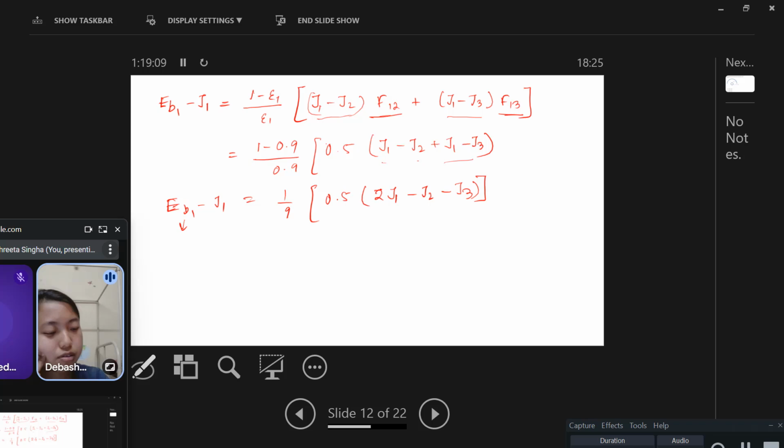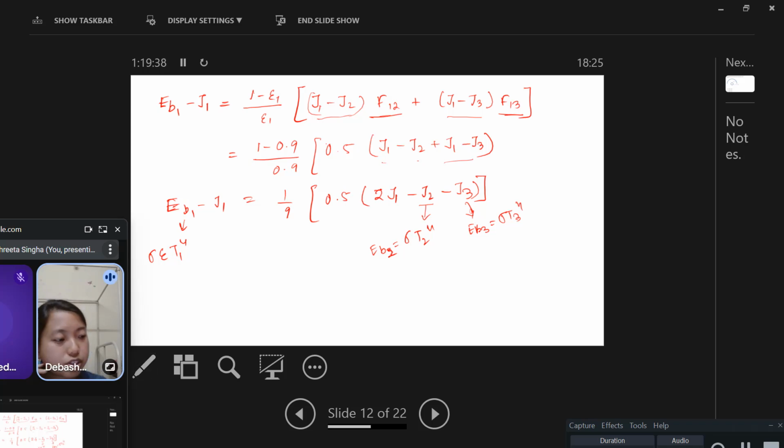Now EB1 is sigma epsilon T1 to the power 4. J2 is EB2, sigma T2 to the power 4. J3 is EB3, sigma T3 to the power 4.